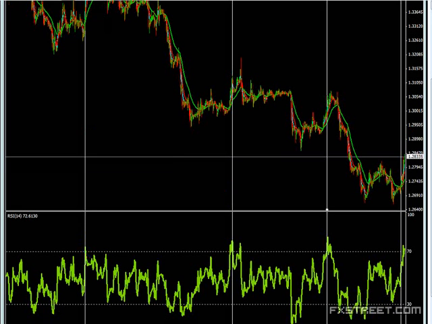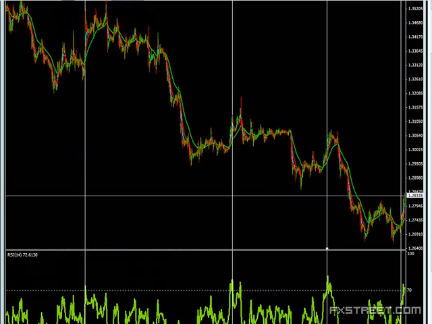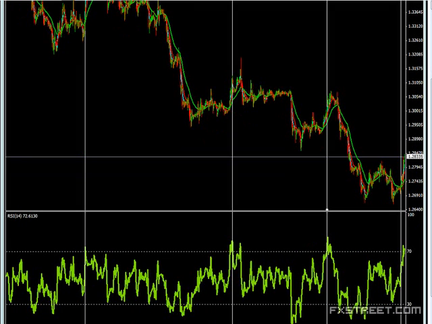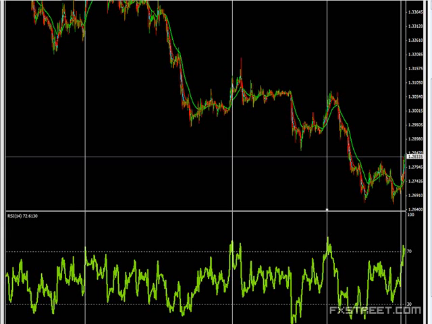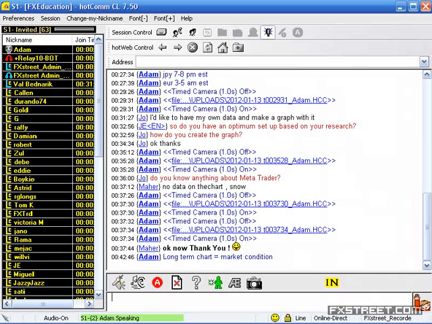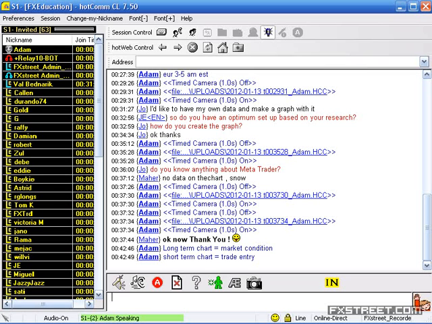Based on the fact on a daily chart, we're in a downtrend. Remember the moving averages. But a 1-hour chart gives us the entry. Long-term charts, and I'll type this in here. So in terms of creating these strategies, long-term charts are used to identify the market condition. Short-term charts, trade entry.